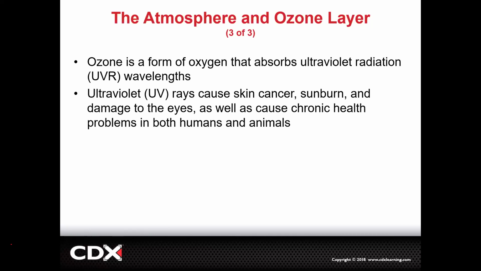UV causes skin cancer. That's really bad. It does cause sunburn. You guys are gonna notice I am red. You'll see. Been outside too much leading up to summer class. It damages the eyes, it'll really damage anything. If you leave something out in the bright sun for a while, it's just gonna beat it up. The clear coat on your car is UV resistant and it still flakes off after some years.